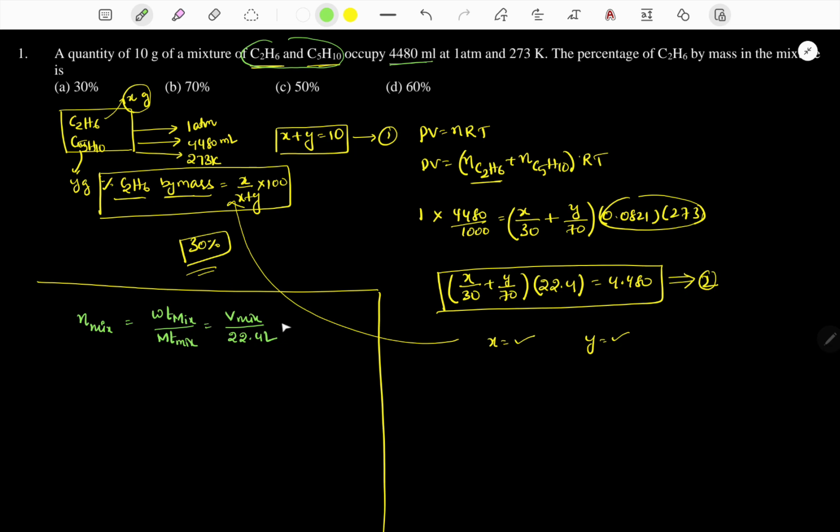So weight is 10 grams. Molecular weight of mixture we don't know, equal to volume of mixture 4.48 liters upon 22.4. From this we calculated the molecular weight of mixture, and this molecular weight of mixture is 50.